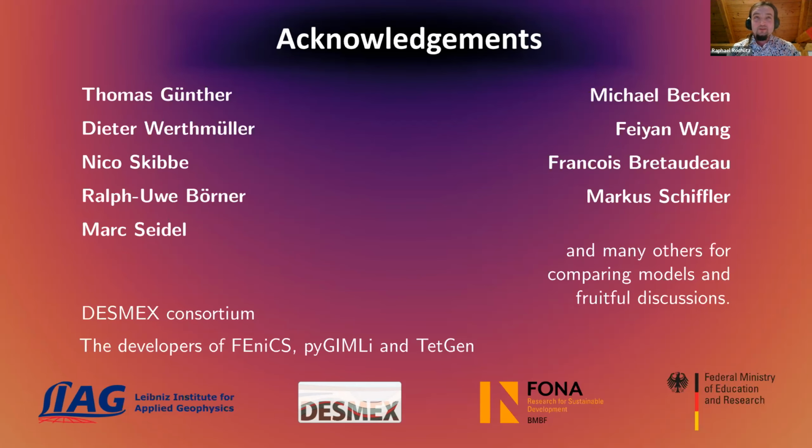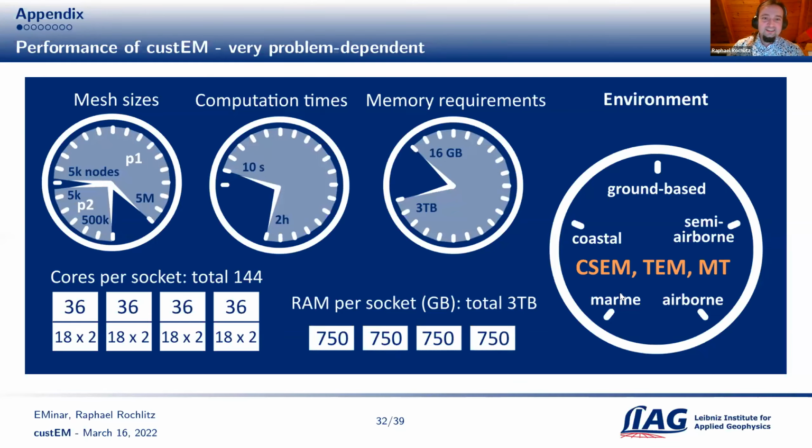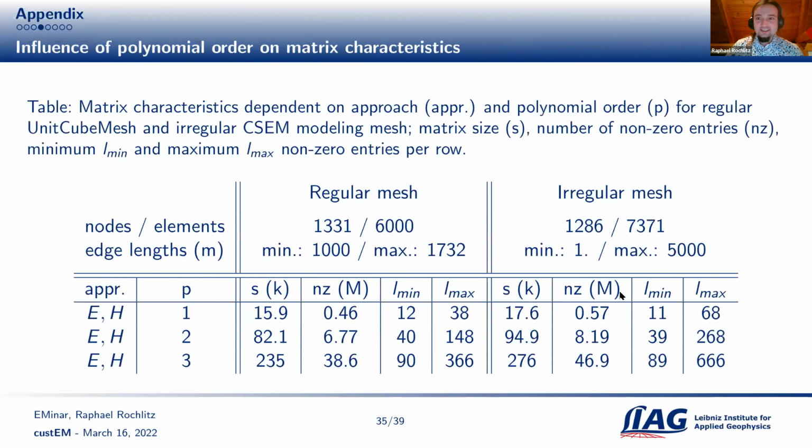So if we go for third order, actually I have a table in the appendix for the moment. This one, exactly. So if we go for third order polynomials, the sparsity pattern, so this is the highest number of entries in a column of our system matrix, it becomes higher and higher and higher. And if sparsity is reduced, MUMPS becomes poorly scalable. So we kind of need more computation time in the end if we go for third order.